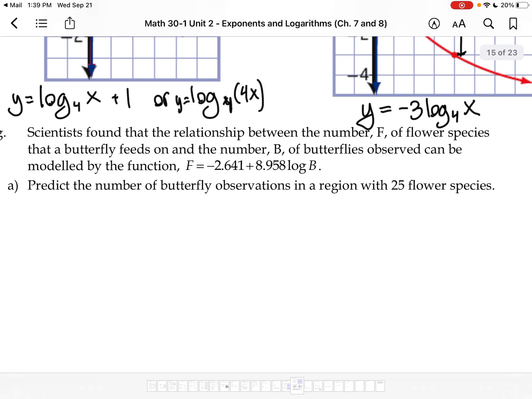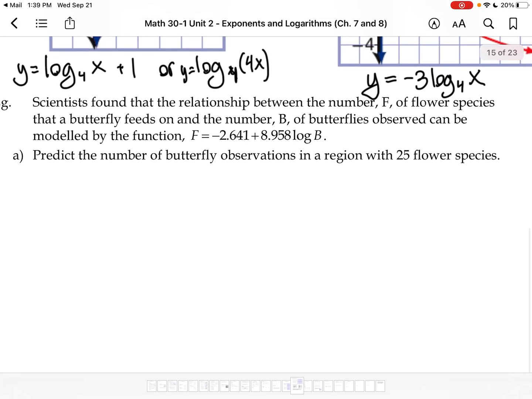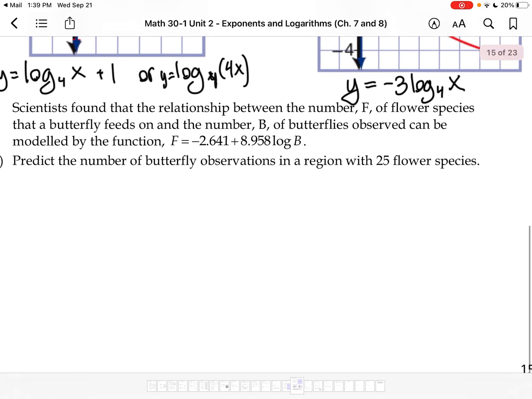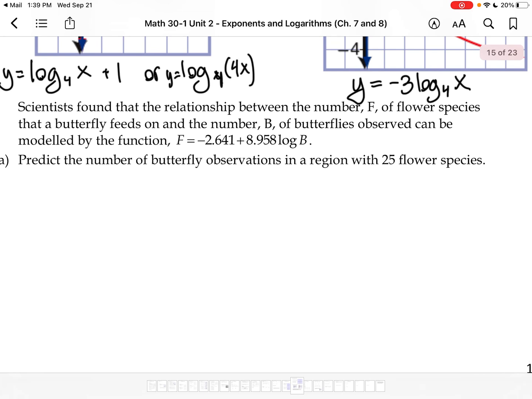What we want to know here is to predict the number of butterfly observations in the region with 25 flower species. So what we know here, this 25, whoops, I have to put the pen back on. There we go. This 25 is our f value.